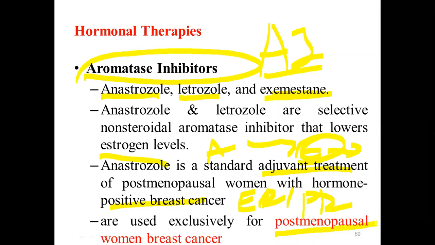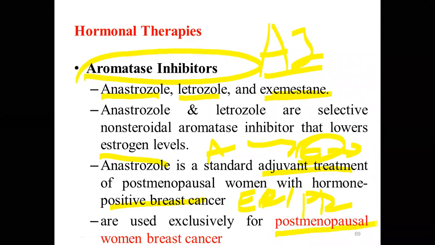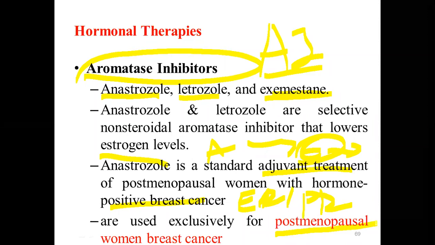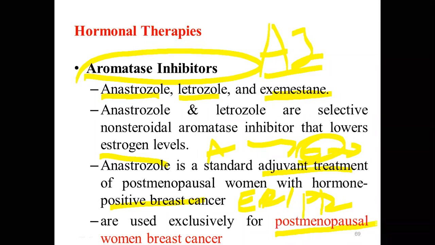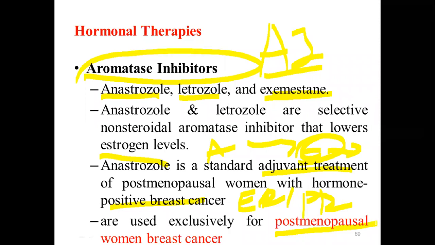So that means because it affected the reproductive functioning, we have to use it only for postmenopausal women. That is what you said, Tiffany, yeah? That is what you said, that because of the effect on the reproductive functioning, we don't use it in the premenopausal woman. Well, that's what I think.